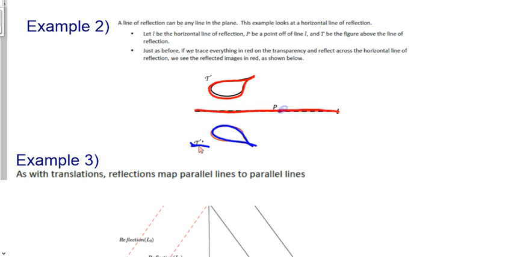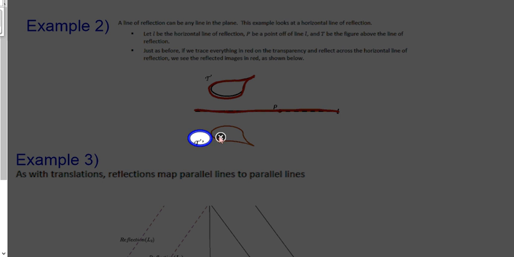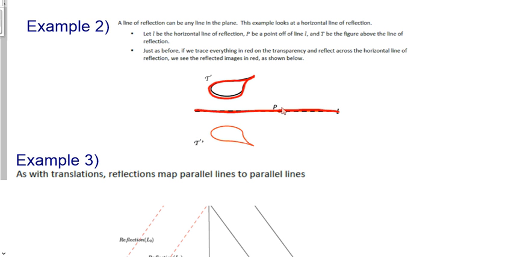They have this prime notation because it is the new figure. But what you'll notice about point P is that it never moved. Point P and point P prime are in the exact same location because they are on the line of reflection. When I flip it over and I line it back up, it doesn't change.